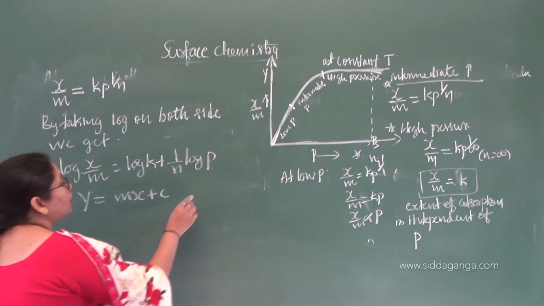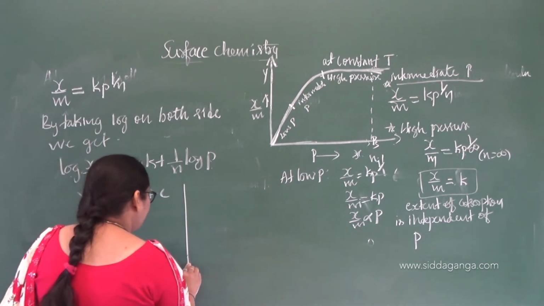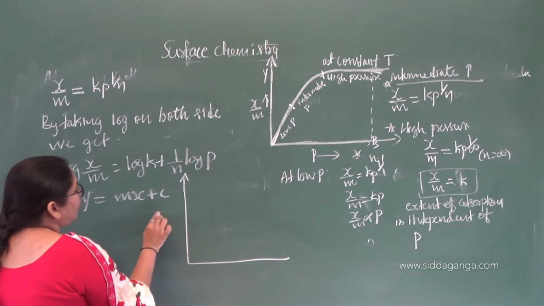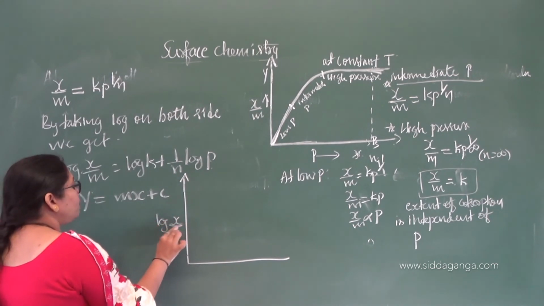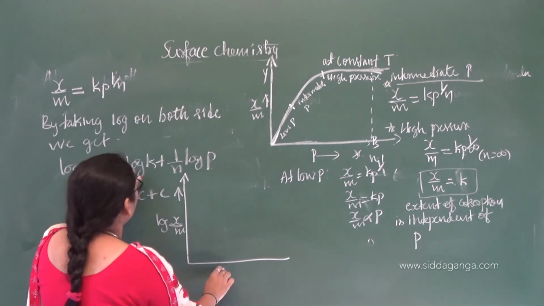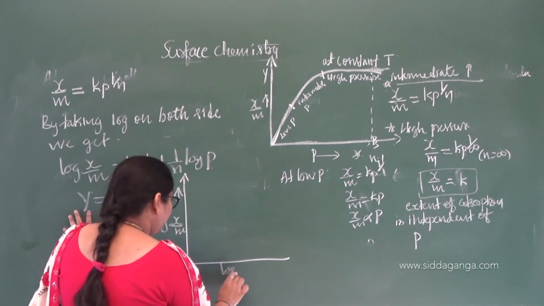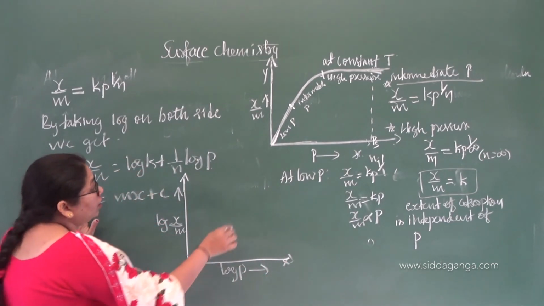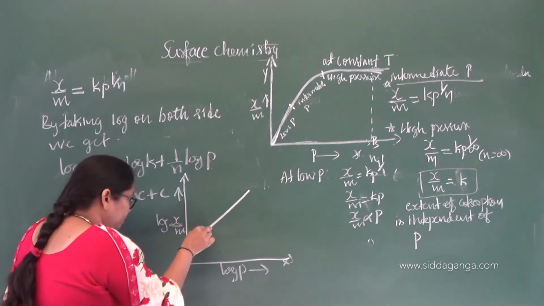Let me draw the graph now. Freundlich took log x by m on the y-axis and log p on the x-axis, and he again got a straight line.